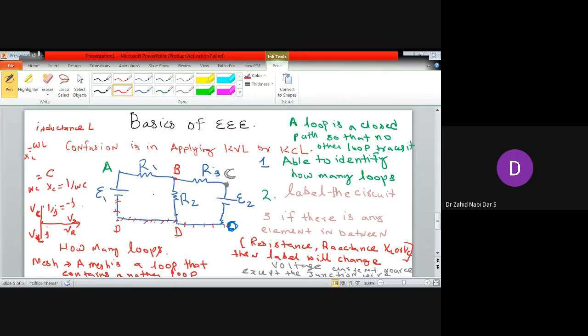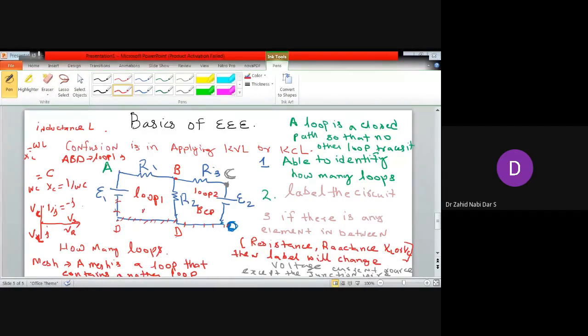So here you see, loop one is like this, ABD. You can say ABD is loop one, and loop two is BCD. Here you can see this is loop one, and loop two is BCD.